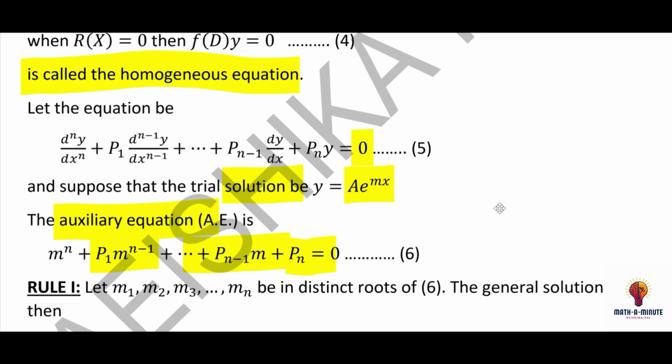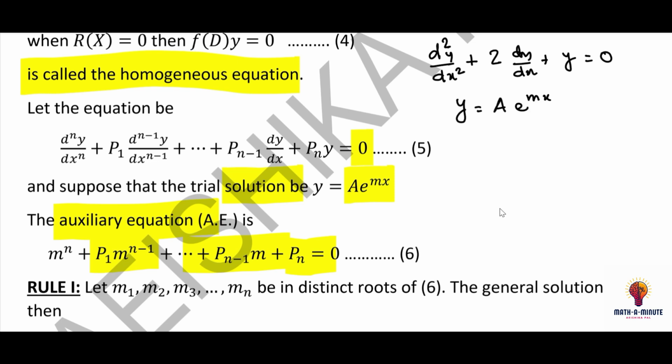So suppose for an example, there is a differential equation d2y/dx2 plus 2 dy/dx plus y equals 0, because we have to take a homogeneous equation. Now if we consider that y equals a e to the power mx is the trial solution, then its first derivative will be a m e to the power mx, and the second order derivative will be a m square e to the power mx.